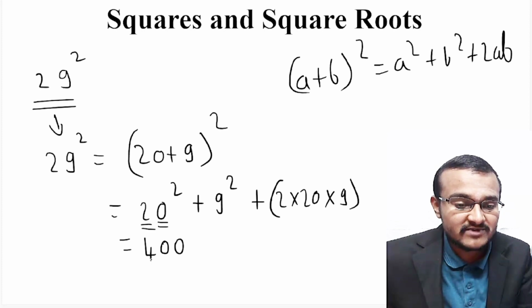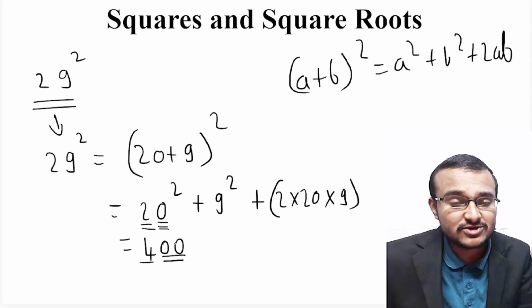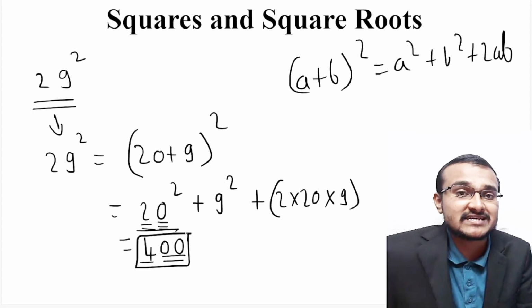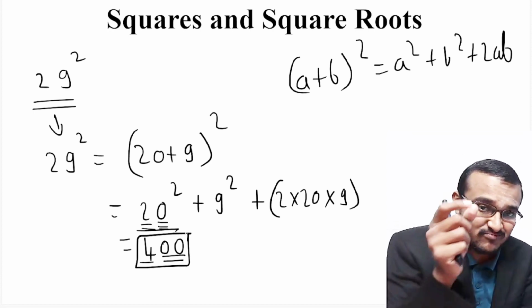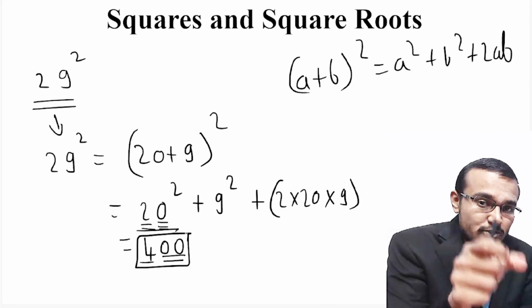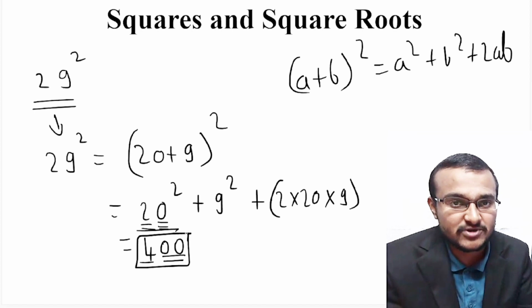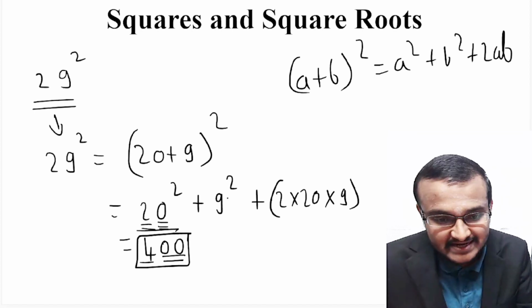So 2 square will be 4 followed by 2 zeros. Because here 1 zero is there, you are putting 2 zeros here. So square of 20 will be 400. So this is very easy to calculate. So we are splitting that 29 into 20 plus 9 and taking whole square and substituting the formula a plus b whole square in it. So you are getting the answer for this.